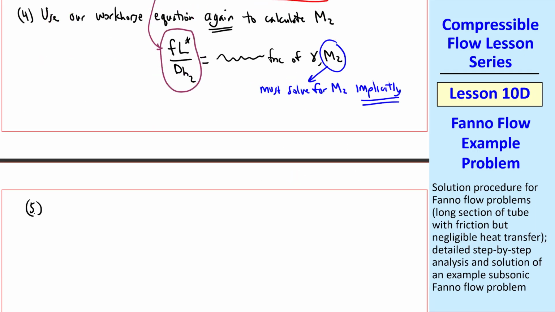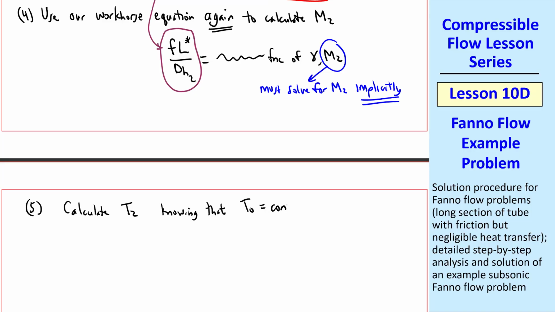Once we have M2, step 5 is to calculate T2, knowing that T0 is a constant for Fanno flow. Our energy equation was T01 equals T02. I'll do this with clever use of ratios. T2 is T2 over T0 times T0 over T1 times T1. And even though this flow is not isentropic, state 2 is just a state, as is state 1.